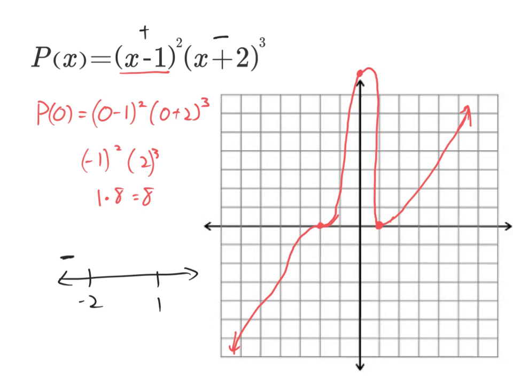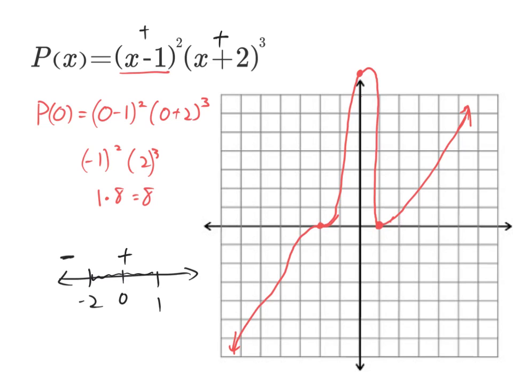Then I check something like 0. So if I check 0, I get 0 minus 1, which is -1 squared, which is going to be positive. 0 plus 2 is positive. 2 cubed is also positive, so this will end up becoming positive. So everything in between from here to here is going to be positive.